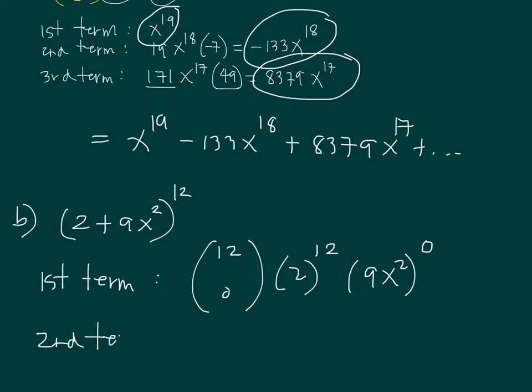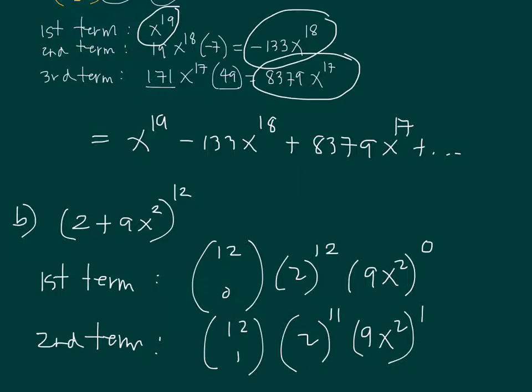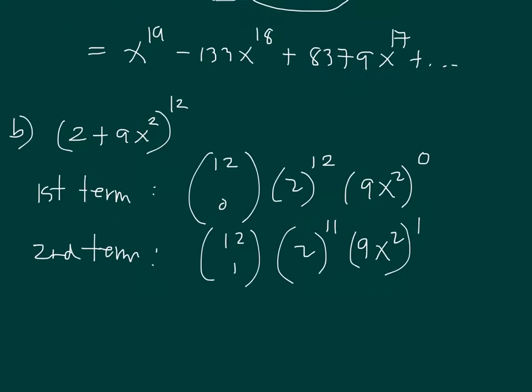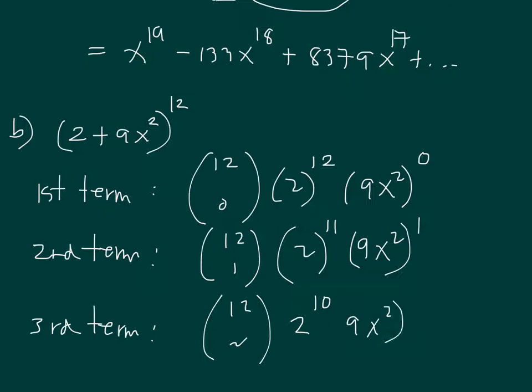The second term is C(12, 1), you have 2 to the 11, then 9x squared to the 1, and then the third term is C(12, 2), and then 2 to the 10, and you have 9x squared to the second.